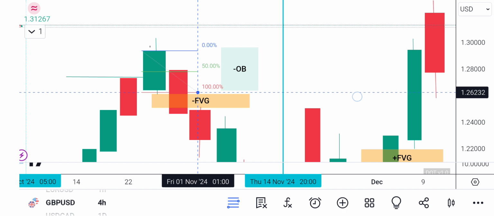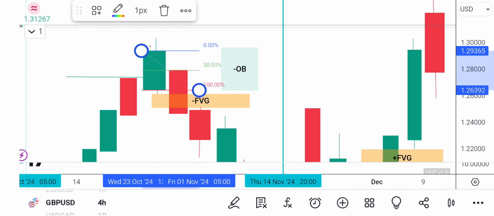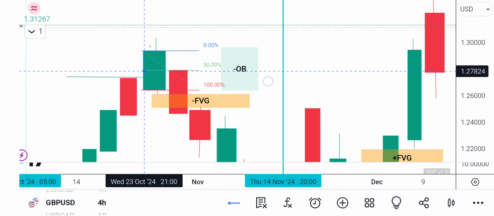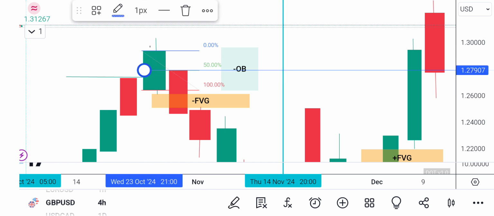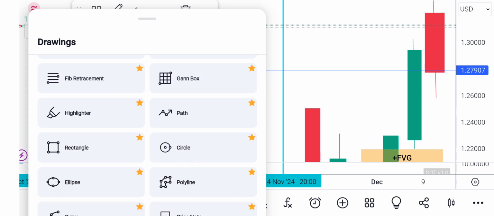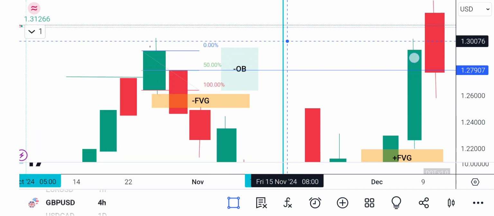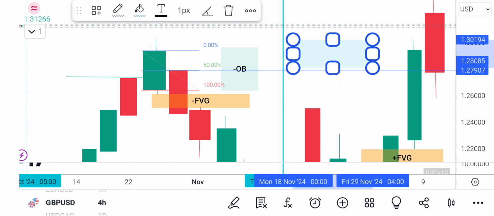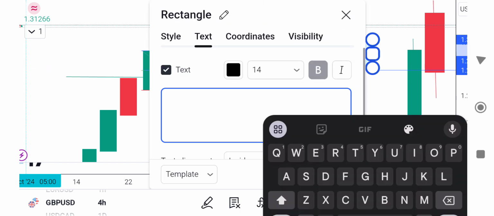When you measure an order block like this, you have to pay attention first to the midpoint of that order block, and the midpoint of an order block is called the mean threshold. Remember we said the midpoint of a fair value gap is a consequent encroachment, CE, but the midpoint of an order block is called the mean threshold.